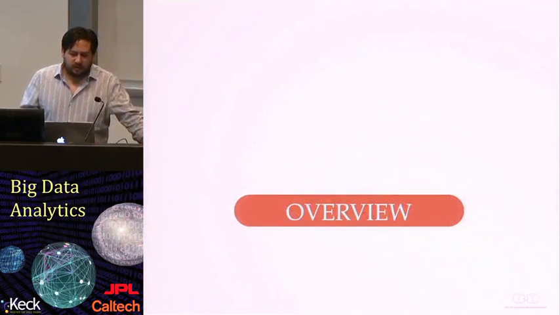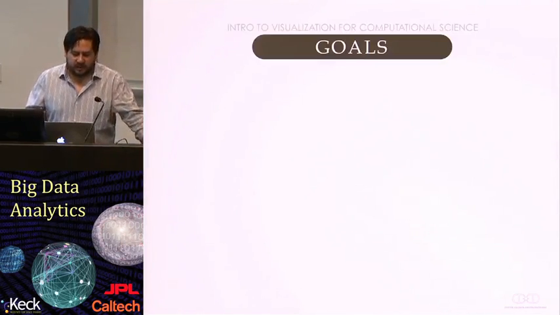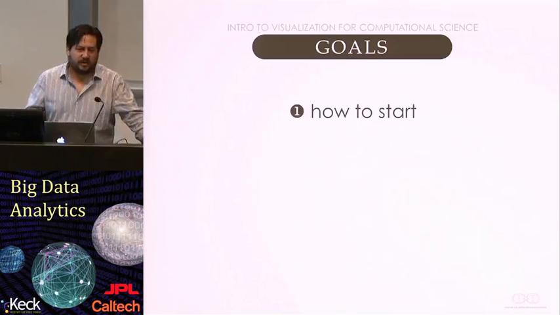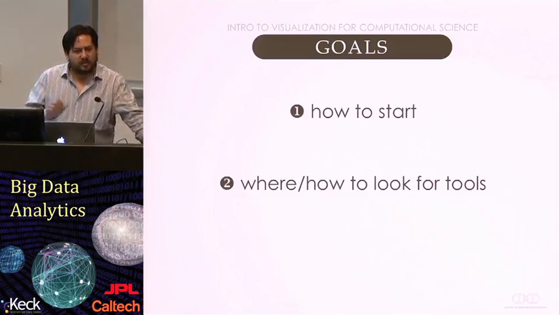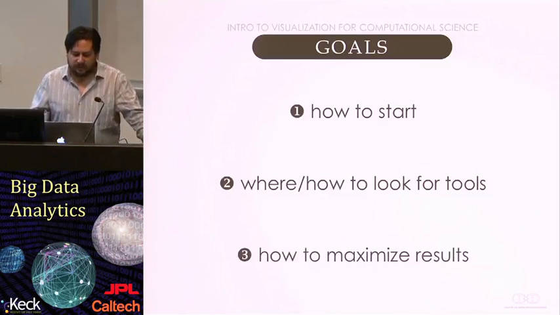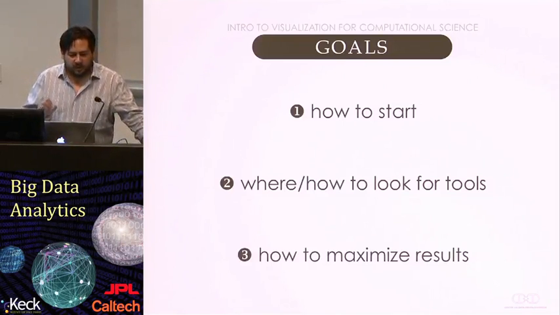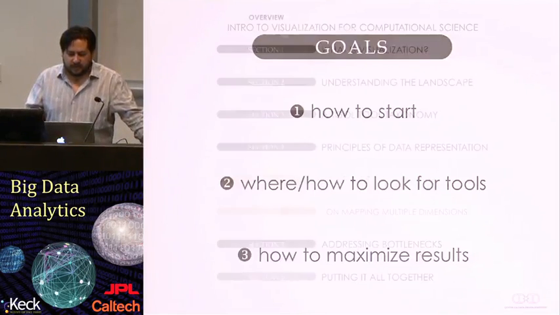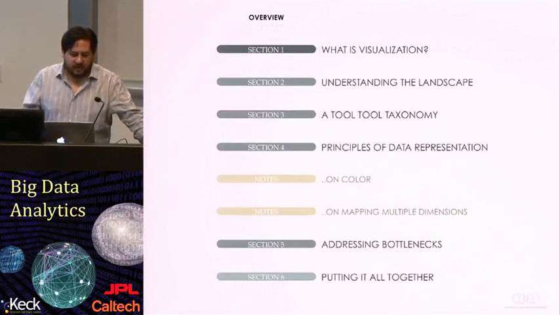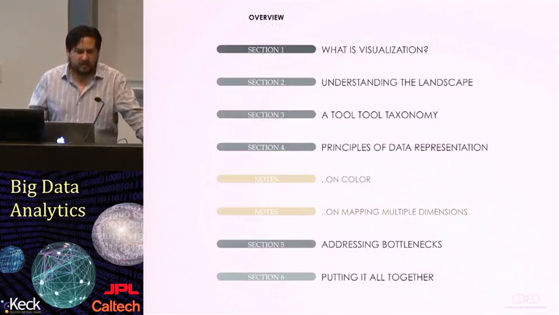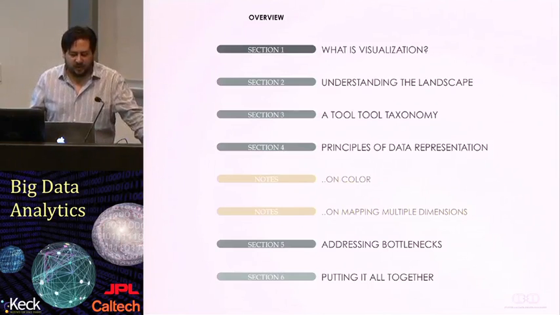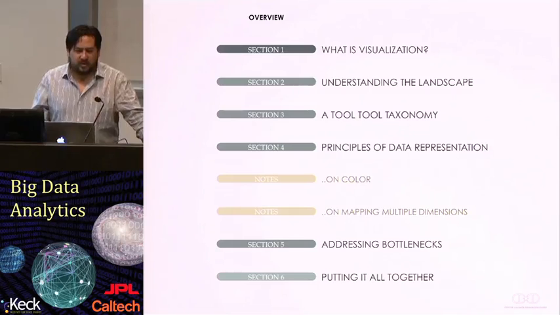So today, we're going to be covering topics that hopefully help you start all your scientific endeavors, let you know where to turn for tools, and finally, let you realize what you need to maximize the results. We're going to be doing this in 6 sections. First of all, we're going to cover the terms of what is visualization, so we're all talking about the same thing. We're going to try to understand the landscape of visualization. Then we're going to talk about the different tools available.